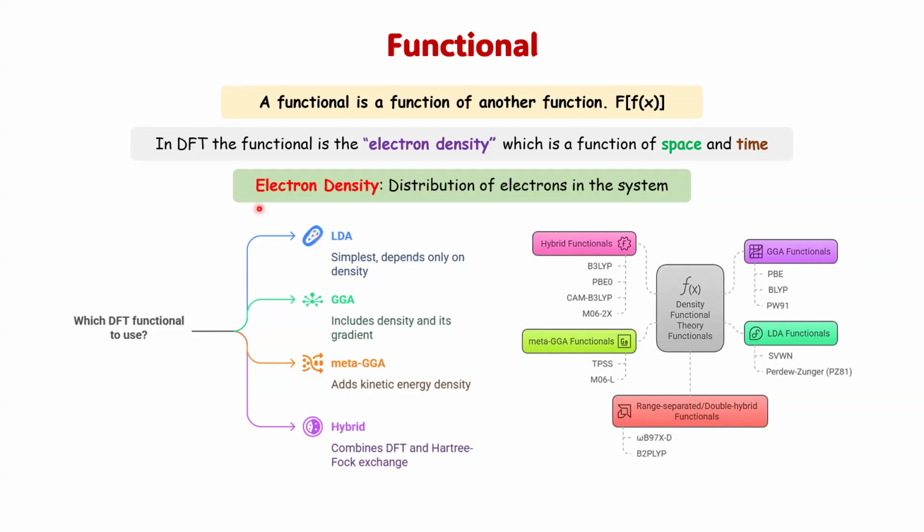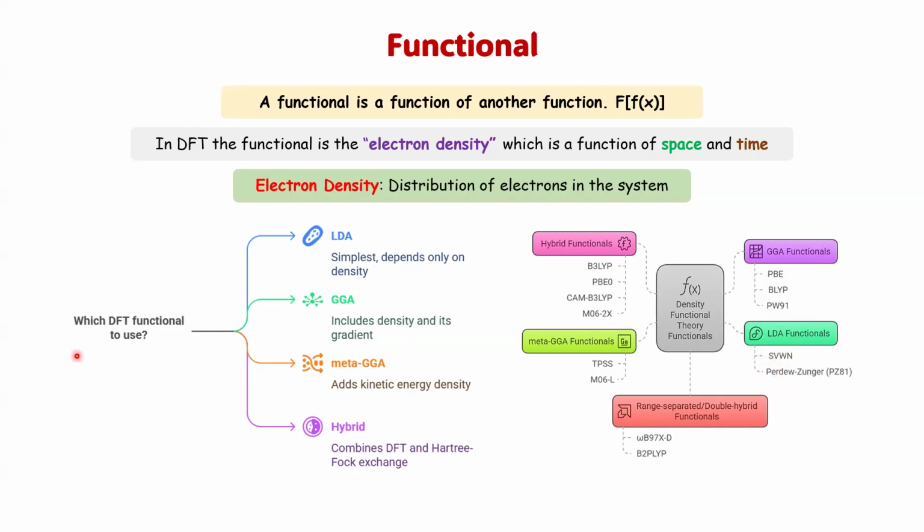In that case, the LDA functional is more preferable. For example, SVWN and PZ81 are some examples of LDA functionals. There are many others, but for reference I have mentioned 2 examples.